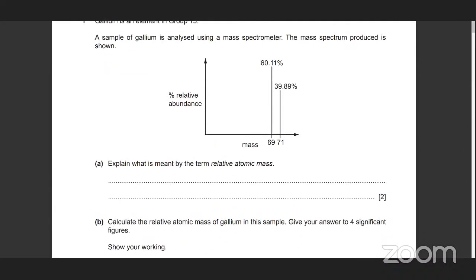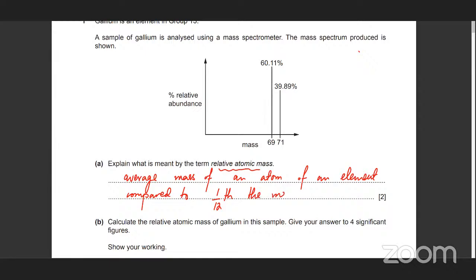Remember, the definition is: it's the average mass of an atom of an element compared to 1/12 the mass of the carbon 12 isotope. और ये average का word important है, ठीक है?